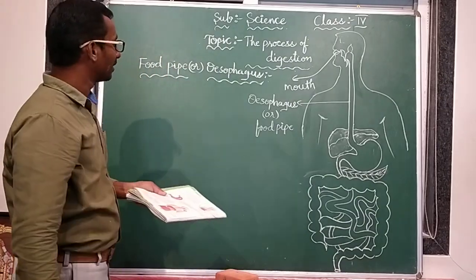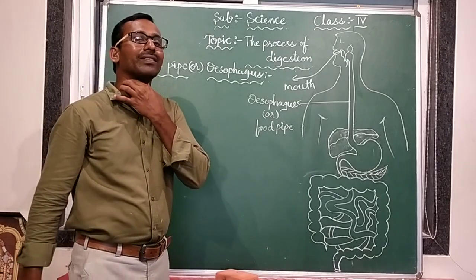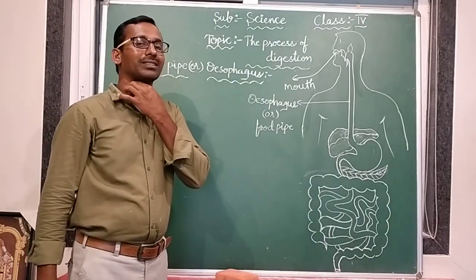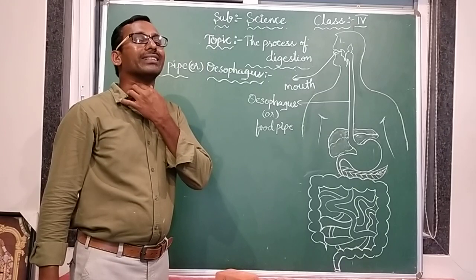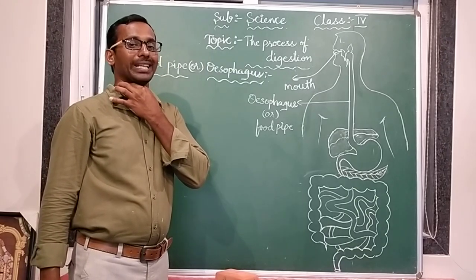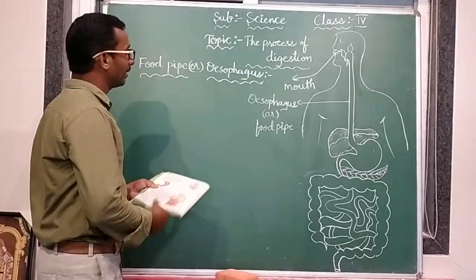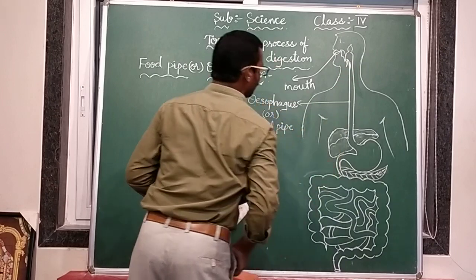Where is it? If you touch your neck with your hand here, it is there. Okay, this is the food pipe or esophagus. Is it clear? Yes. It is a long tube type.